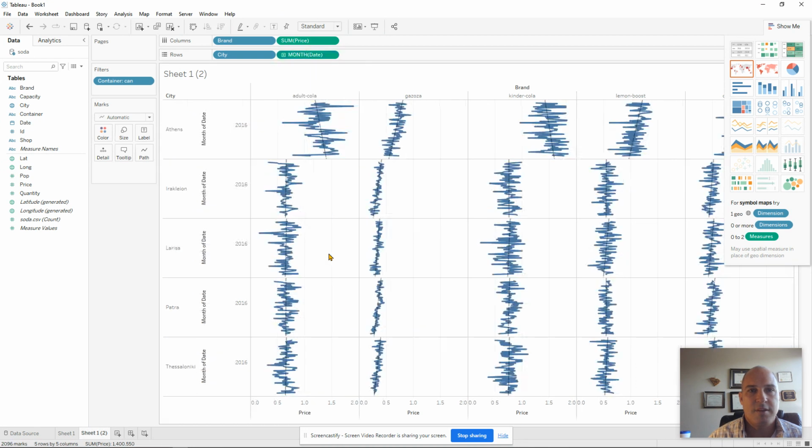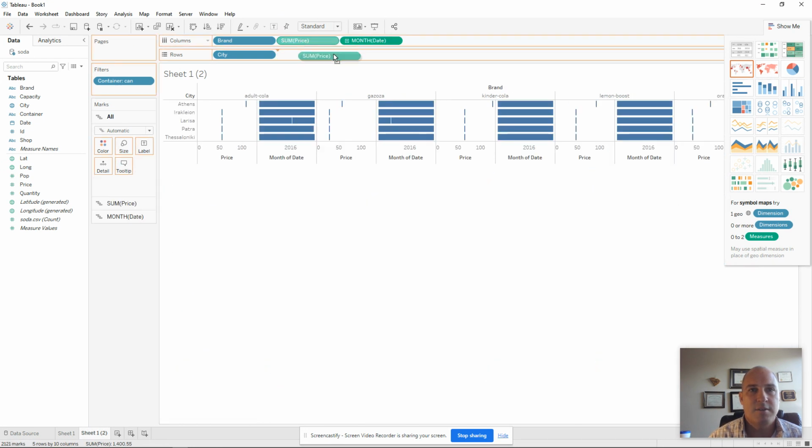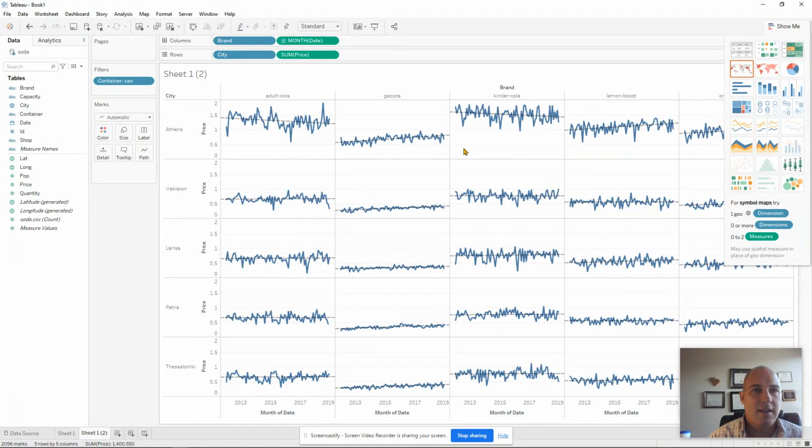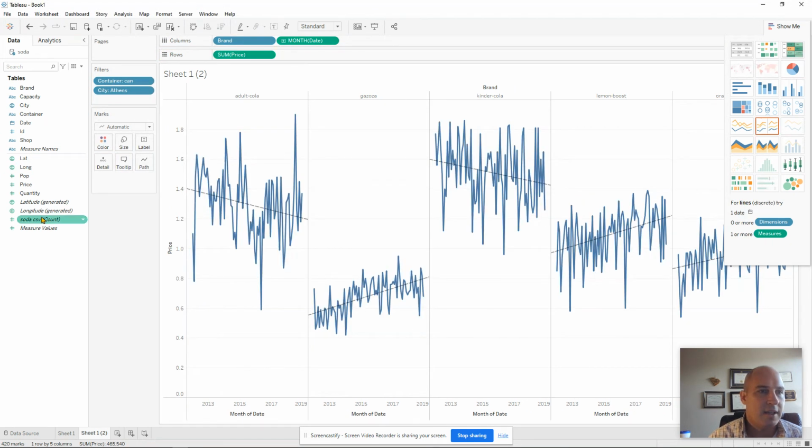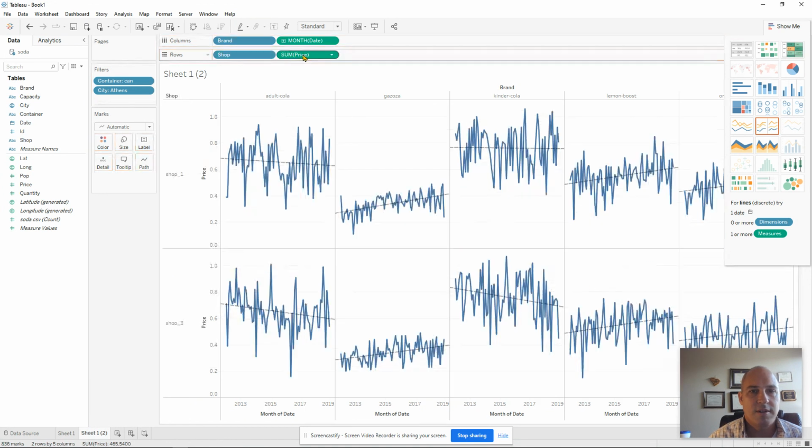Let's go ahead and do month. And let's throw it here, and there. And let's keep the city and filter for Athens. Athens only. And now let's look at shop. Take shop, throw it down there. There we go. Now I've got shop 1 and 3.